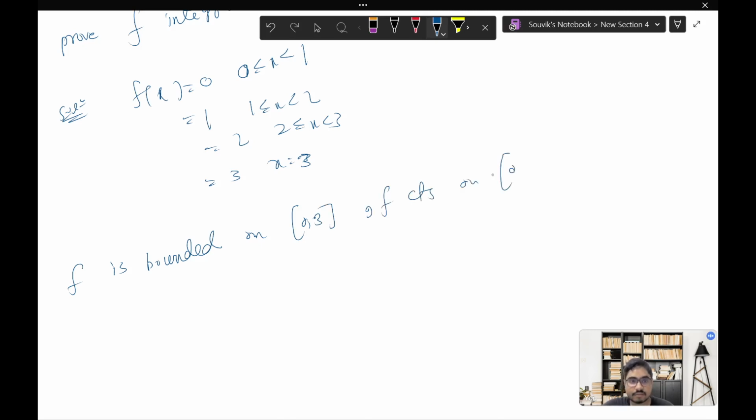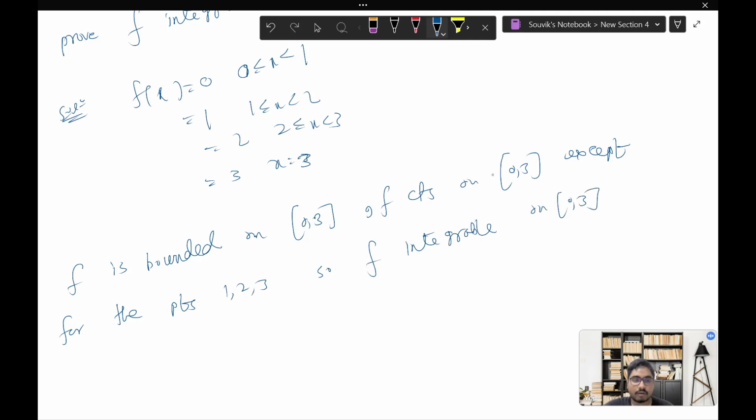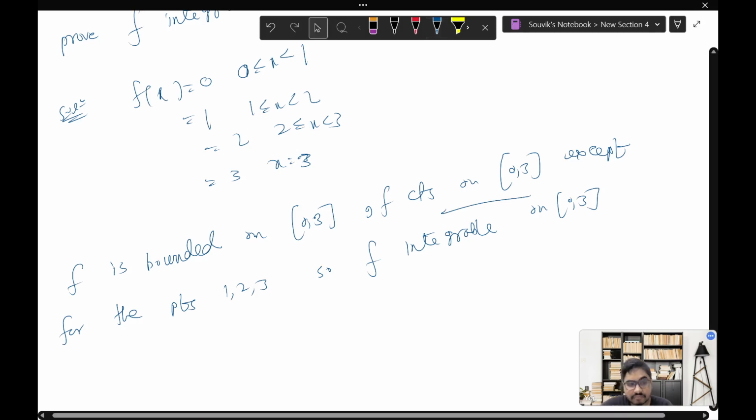F is continuous on [0, 3] except for the points 1, 2, 3. So f is integrable on [0, 3]. Basically, what we are seeing is that if it's continuous except for a finite number of points, it's integrable. And what is the value of the integration?